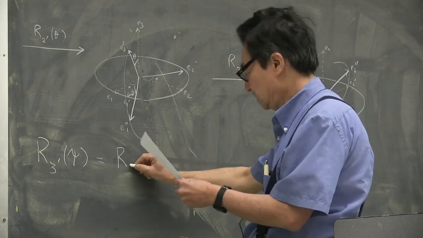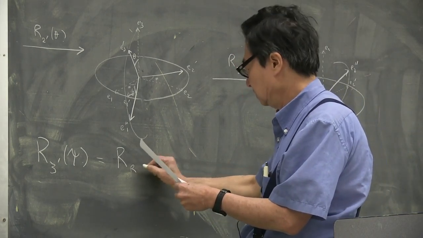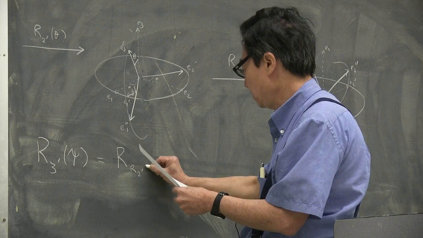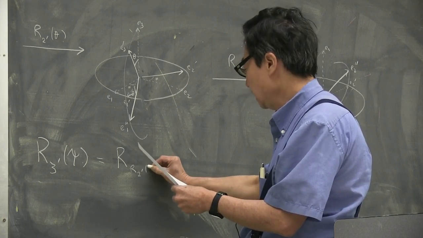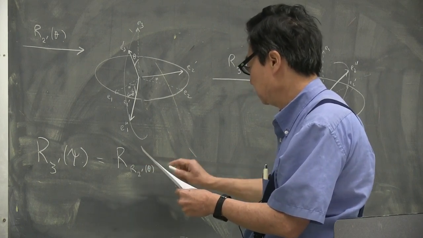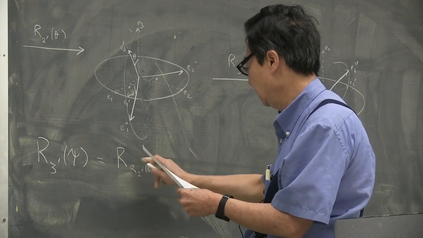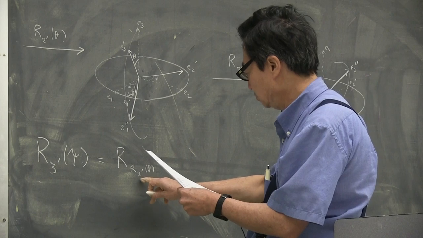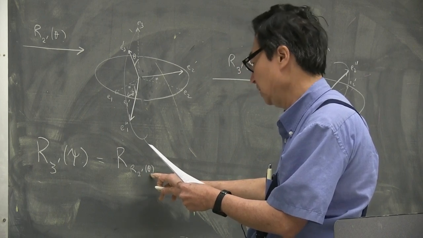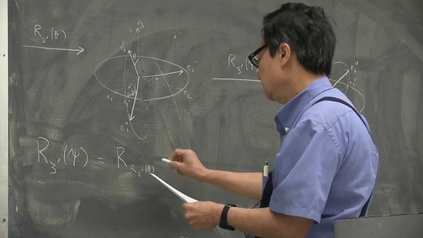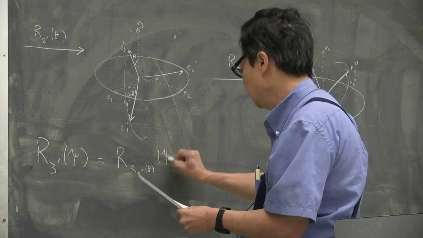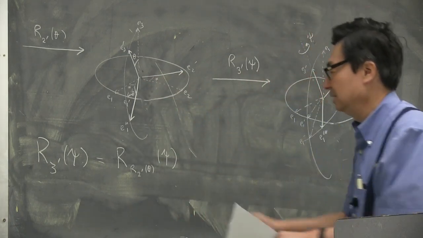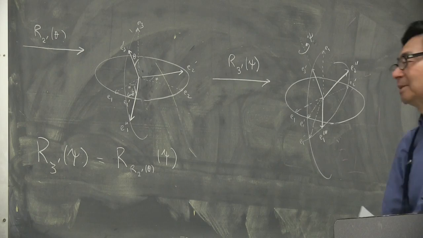So I'm going to write this axis as the action of rotation about the 2 prime axis by some angle. All the stuff in the subscript in here represents a particular element in SO3. That element, which is rotation about the 2 prime axis by the angle theta, so rotating about this axis by psi. You see how we wrote it? Okay.